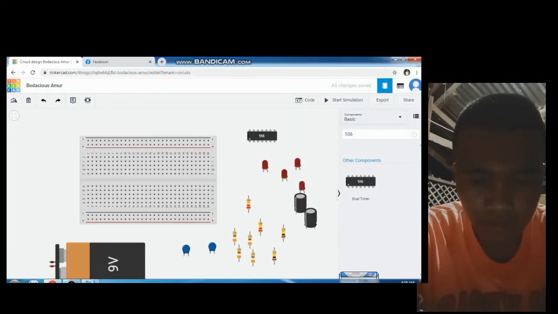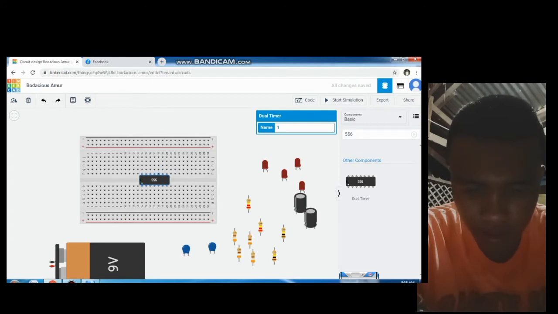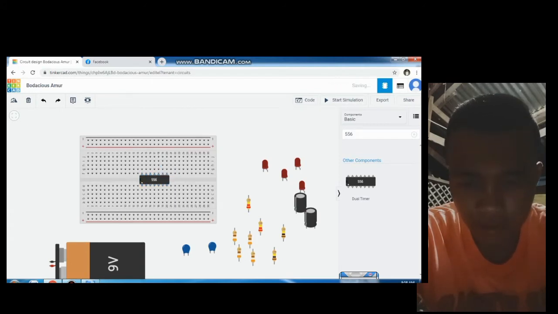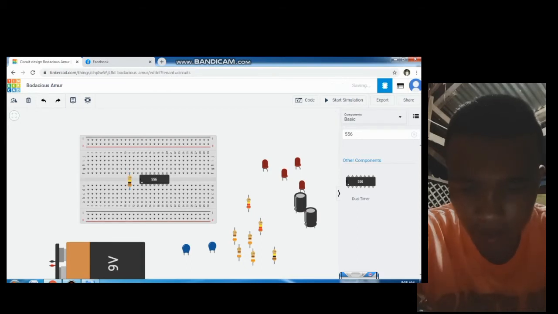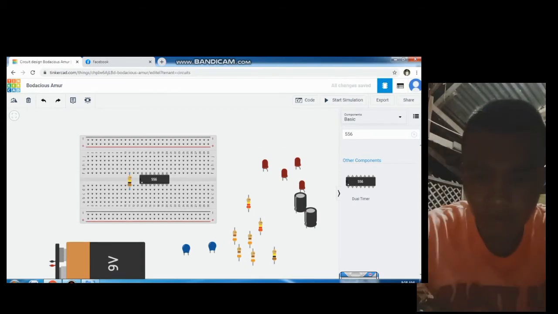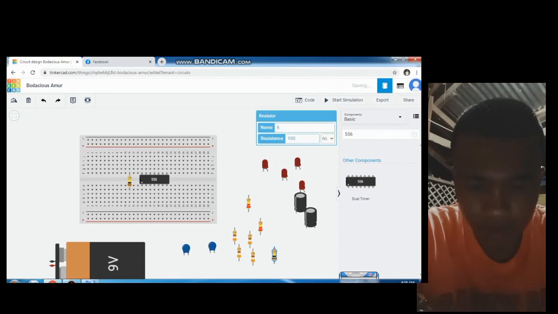Okay, we deploy first the 556 timer. And the next is the 100, the other 100 into the upper side.